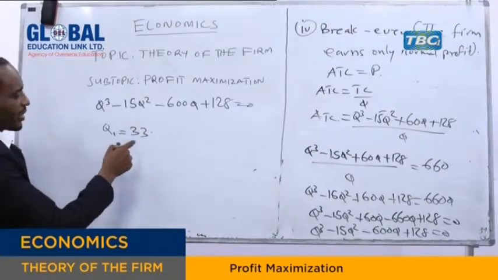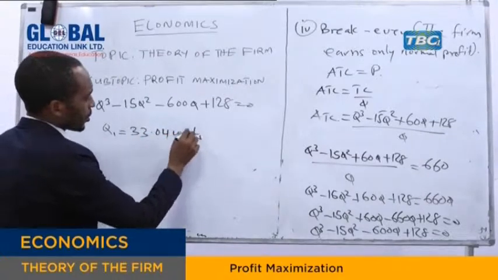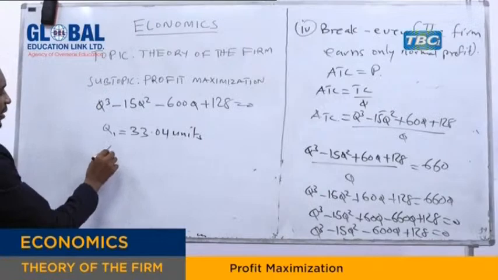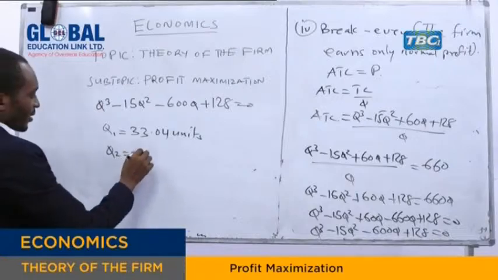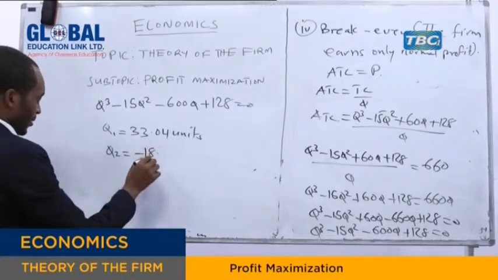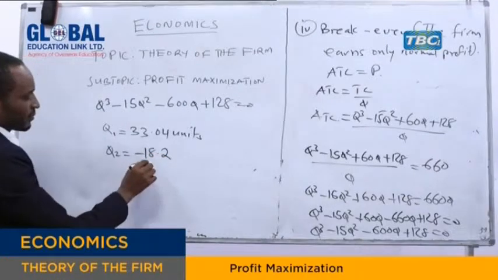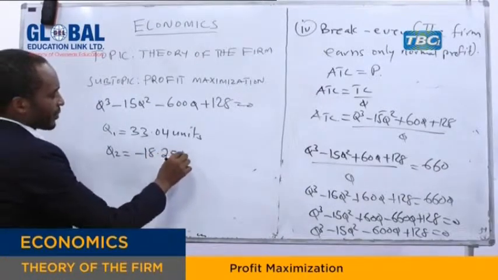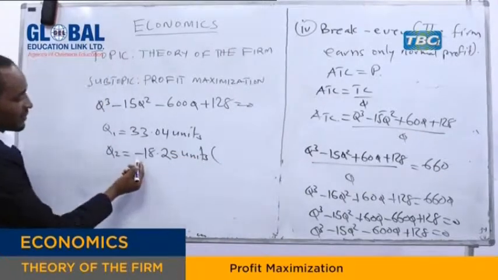The first unit will be 33.04 units, and the Q2 will be equal to negative 18.25 units, where the negative does not exist.